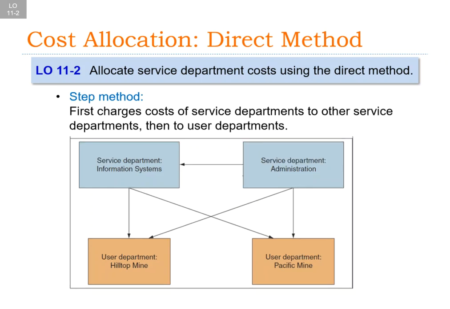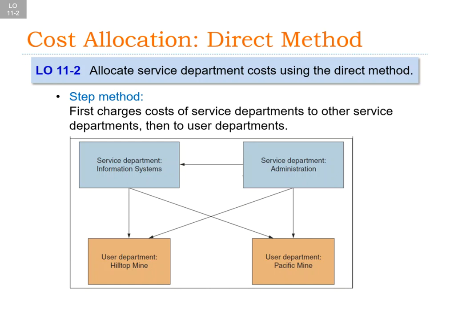In the step method, we first make charges for the cost of service departments to other service departments, then to the end-user departments. In this example, we charge the cost of the administrative department to information systems as well as the end-user departments, the Hilltop and the Pacific Mine.